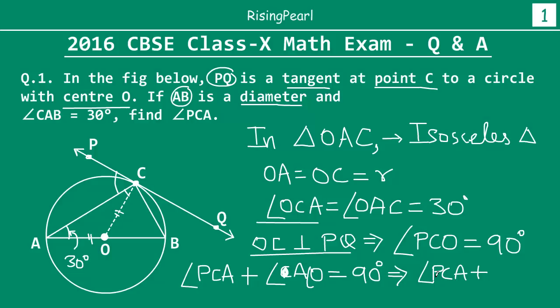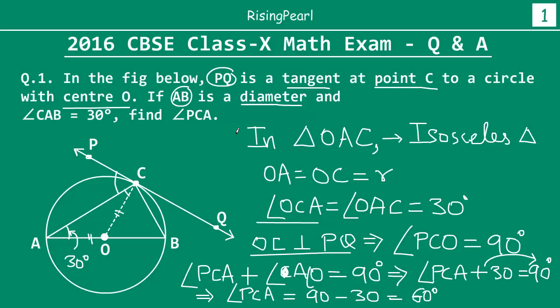So PCA plus ACO, but ACO is 30 degrees. So this is equal to 90 degrees, or from here we can say that angle PCA should be 90 minus 30. When the 30 goes on the other side, it becomes minus. So it will be 90 minus 30, which is equal to 60 degrees. So this angle should be equal to 60 degrees.